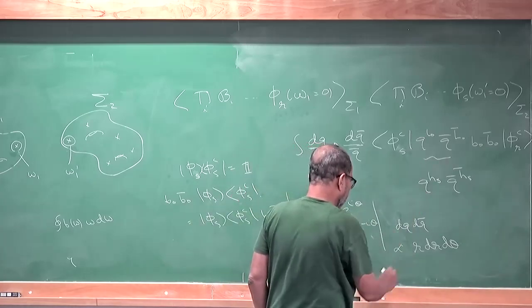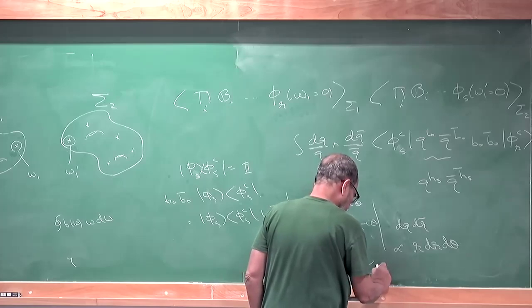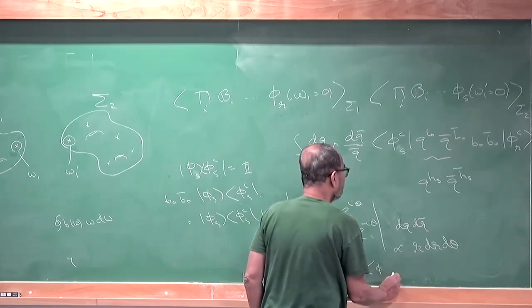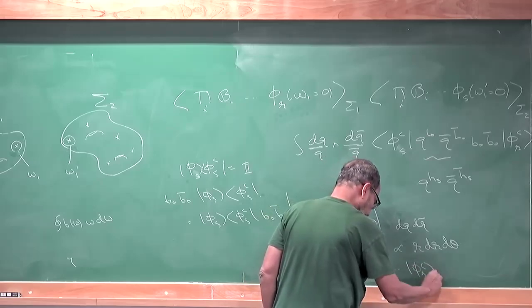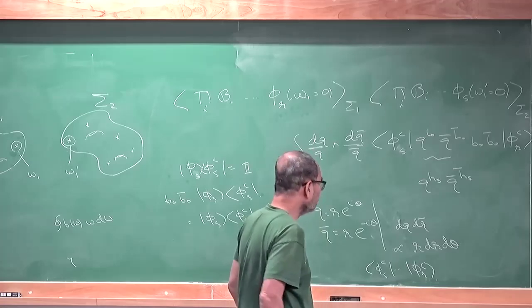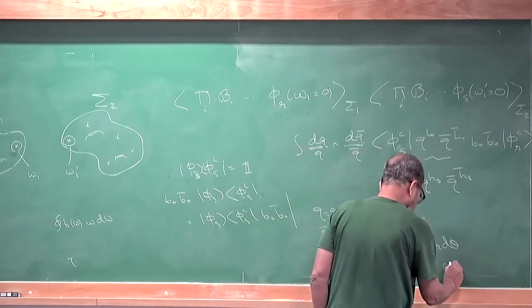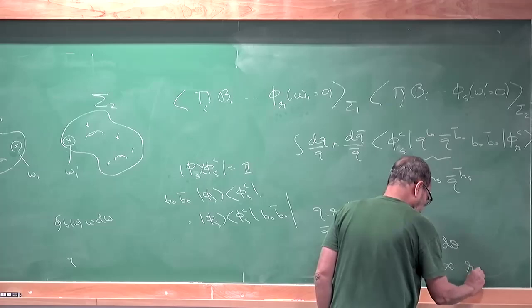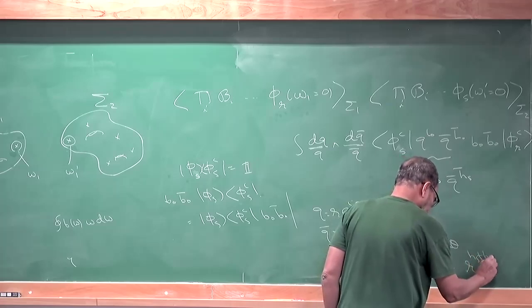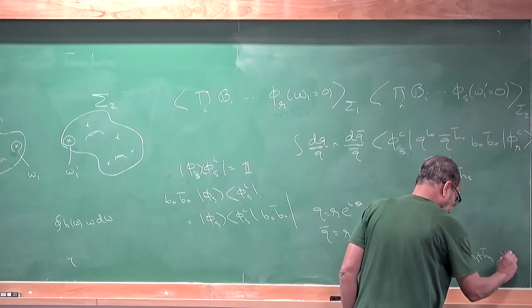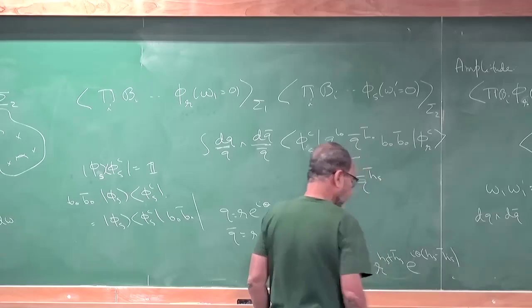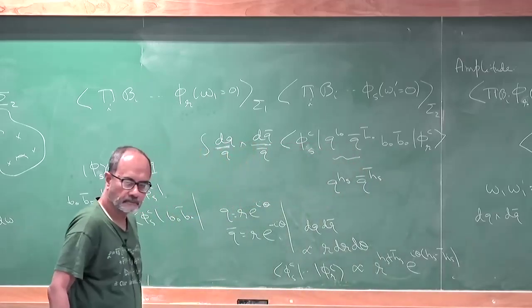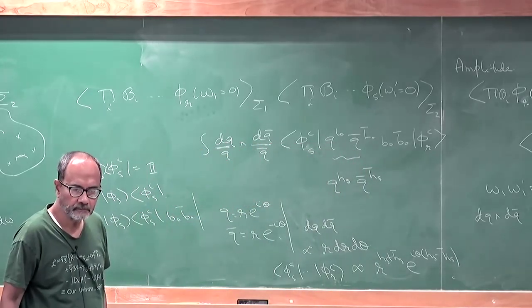And this matrix element is proportional to R to the HS plus HS bar e to the I theta HS minus HS bar. Is that clear?